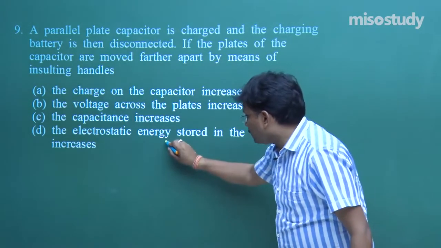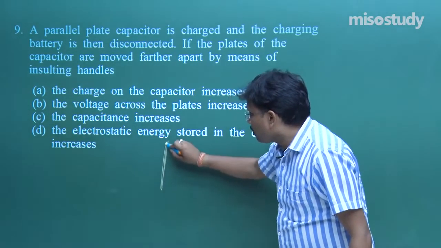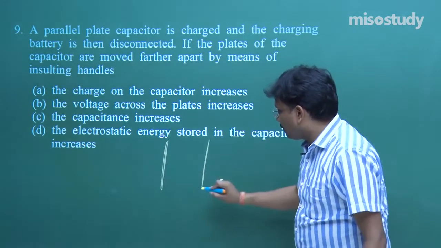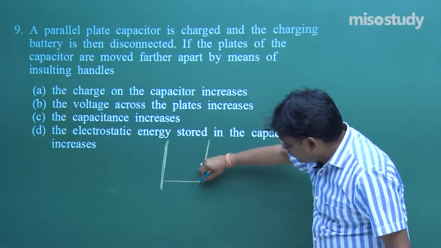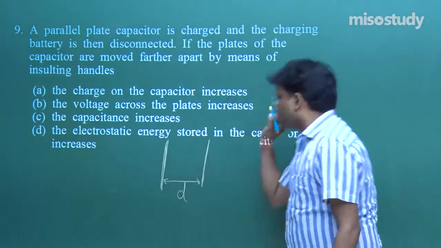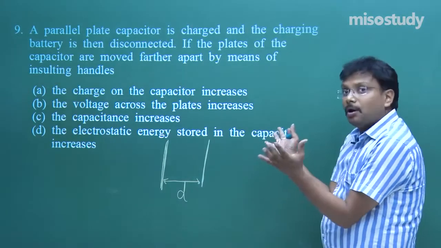So it is like that, this is one plate, this is another plate, and the gapping between the plates is like D. Fine. So just keep this simple situation in your mind.